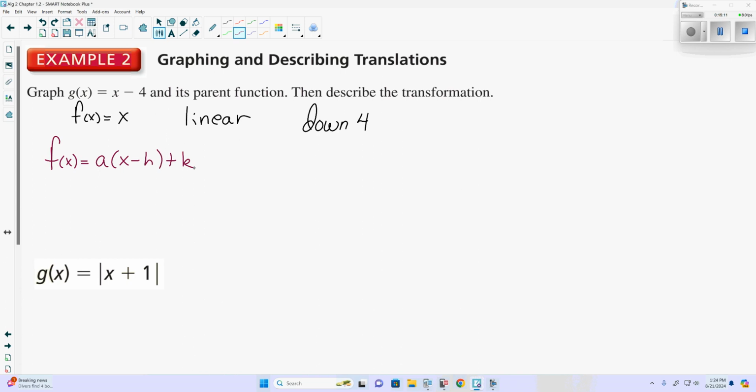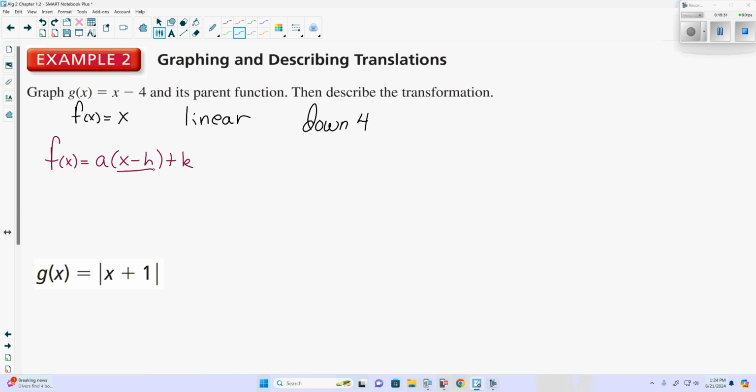Are there parentheses around our x and g of x? Well, there are, but they're not written. So what that means is the H value here, the minus H, there is no horizontal movement left or right because there is no number to represent H. It has to be inside the parentheses.